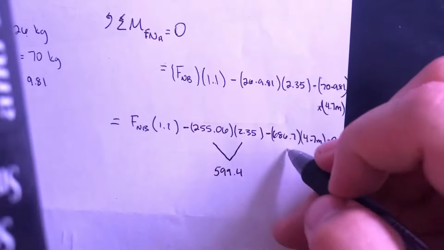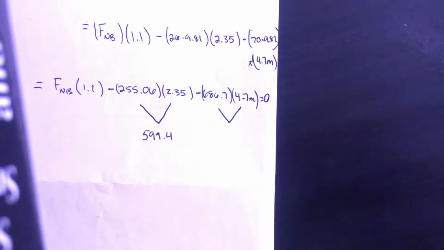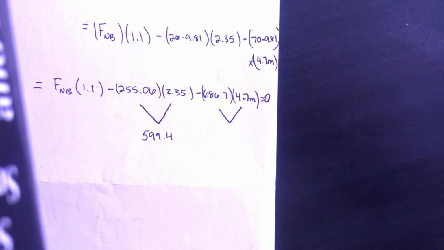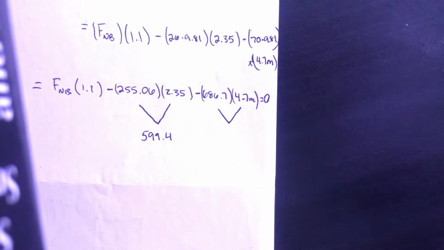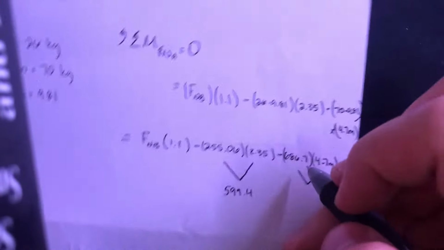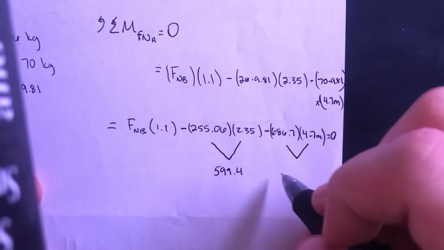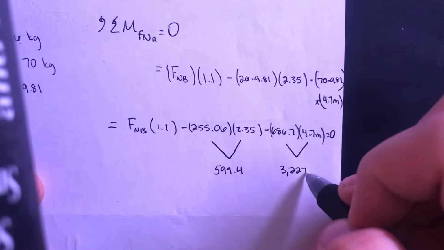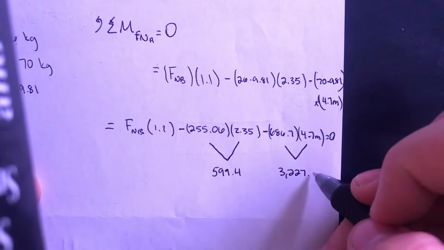So multiplying the last part, 686.7 times 4.7, comes out to be 3,227.5.